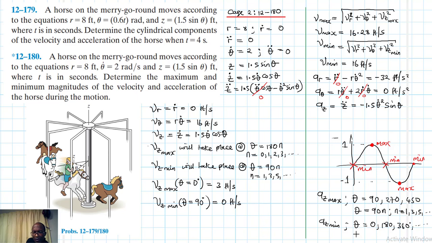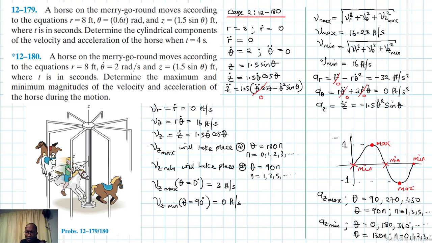Yeah, so writing this is just going to be equal to 180n, where n is equal to 0, 1, 2, 3 and so on, right?